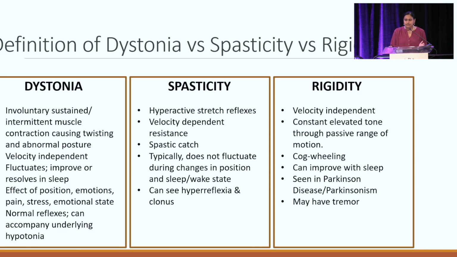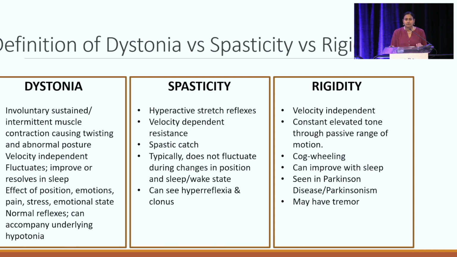It's velocity independent, which is important because when we're thinking about spasticity, which some patients can have along with dystonia, there's a difference there, and we'll talk a little bit about it. It does fluctuate, which means that it can be tricky. You can be in one instance where the muscles seem really relaxed, and then other times someone can be as stiff as a board and you can't really do anything, which is really hard.